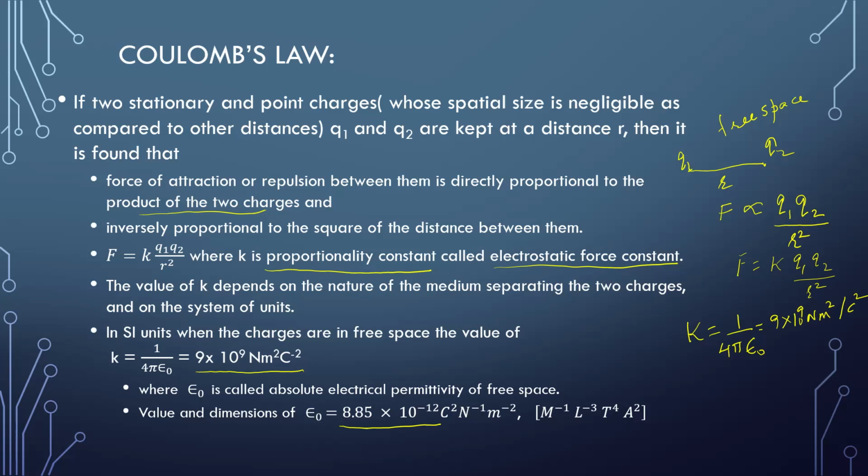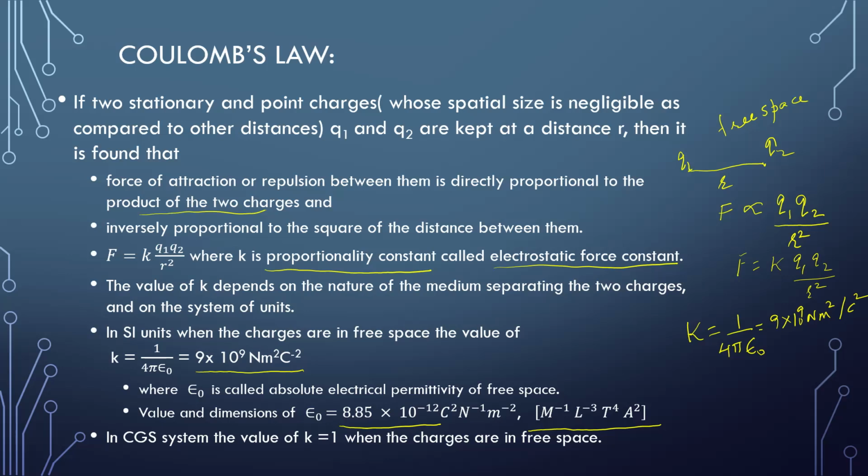Its units will be the inverse of the units of K, the electrostatic force constant, so Coulomb square Newton inverse meter minus 2. The dimensions of epsilon naught are M minus 1, L minus 3, T4, A2. I will show you in just 2 minutes how to derive them.